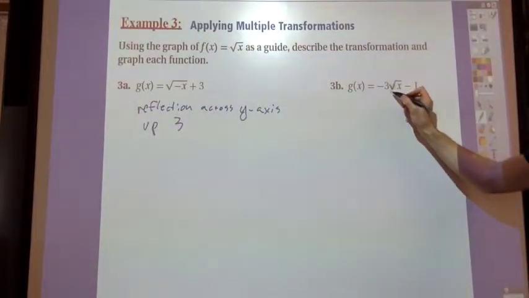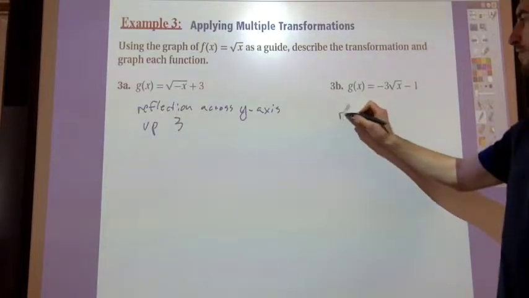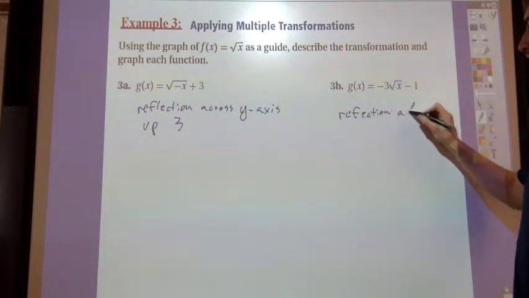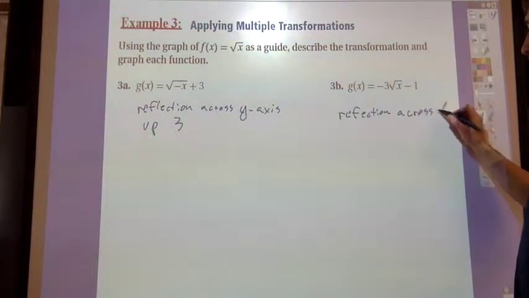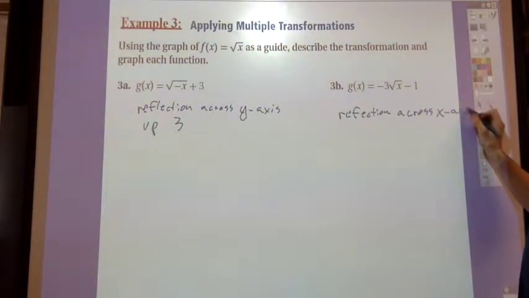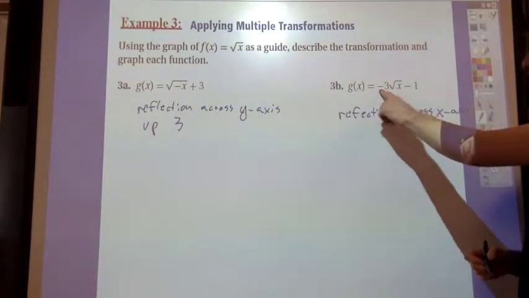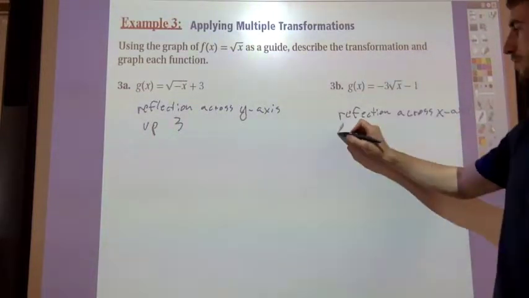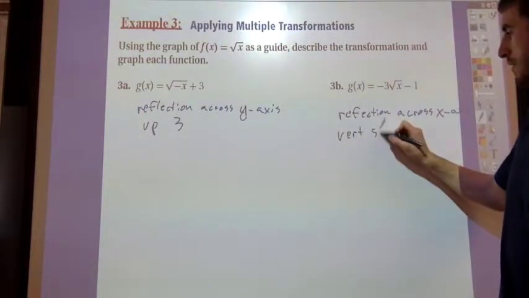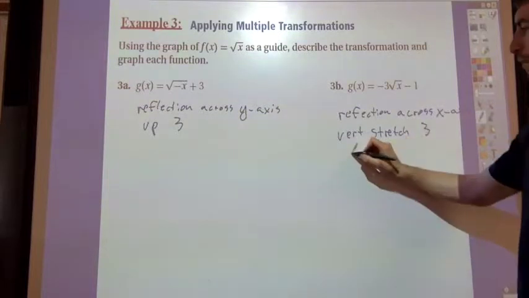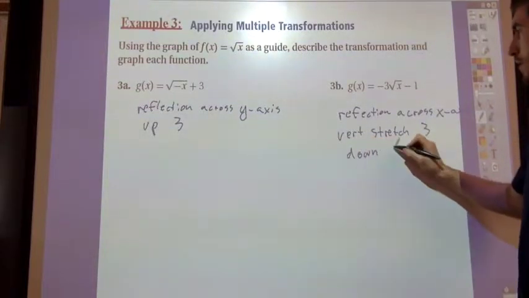This one here is a reflection across the x-axis, okay, because it's a negative out front, that's a reflection. Also, it is a vertical stretch by a factor of 3, and we're getting shifted down 1.